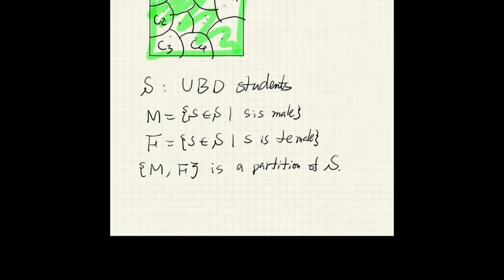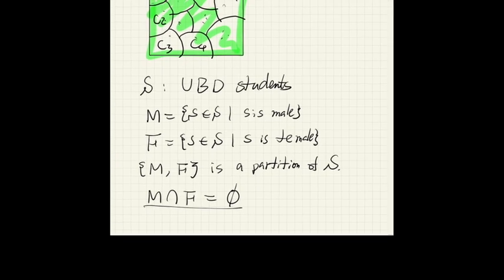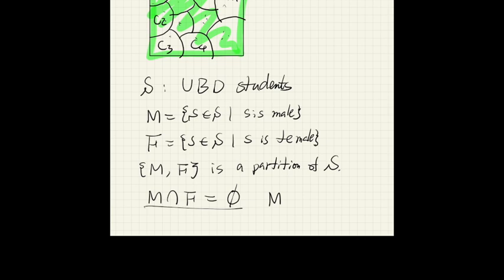Right? Because there is no student who is male and female at the same time, so the intersection is empty set. And also the union of male students and female students covers the entire set of students.